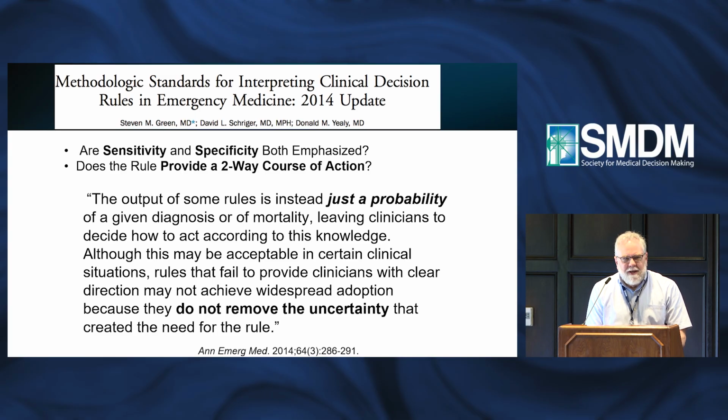Oh my gosh, we have to think. Although this may be acceptable in certain clinical situations, rules that fail to provide clinicians with clear direction may not achieve widespread adoption. That may be true. And because they do not remove the uncertainty that created the need for the rule. That was the thing I felt particularly problematic.